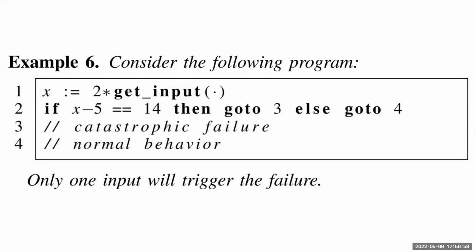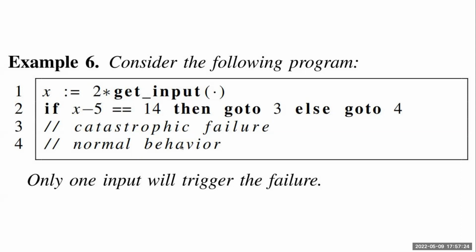So what we do is, here we get x, let's say there is a symbol we call s. So x will be 2 times s. Then we keep doing symbolic execution. Then we have the predicate that we know 2 times s minus 5 equals 14 will go to branch 3. Otherwise, it goes to branch 4.